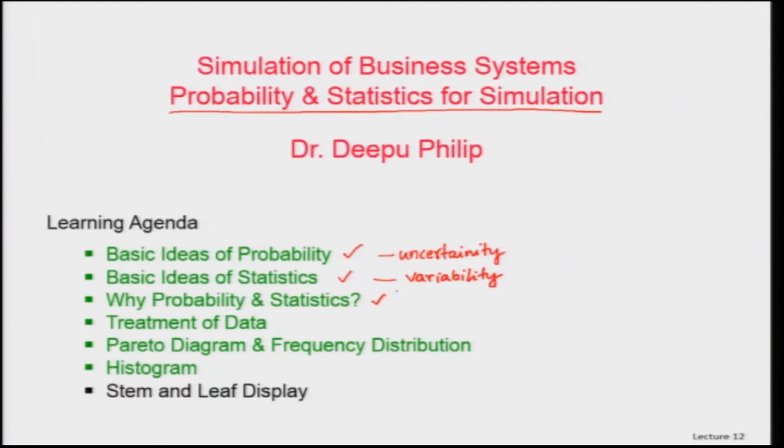We talked about why probability and statistics are needed from an engineering standpoint, and what engineers do in this regard. We talked about the treatment of data, how many ways you can treat the data, what the specific tools are, and why data needs to be treated.